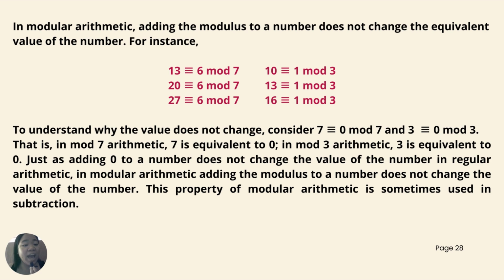So just as adding 0 to a number does not change its value in regular arithmetic, in modular arithmetic, adding the modulus to a number does not change the value of the number. This property of modular arithmetic is sometimes used in subtraction.